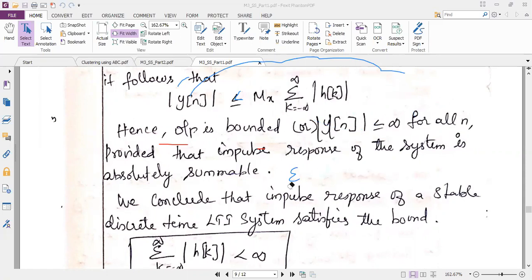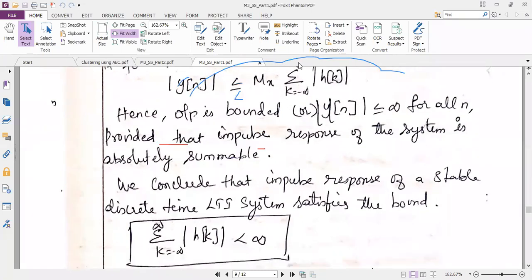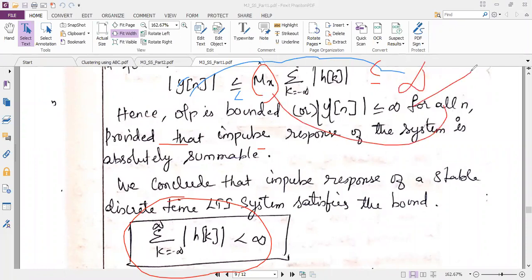If you see the final equation on the screen, it has summation k equal to minus infinity to plus infinity, magnitude of h of k less than infinity. So you don't ask me where this mx has gone, I have just explained. As per the condition, this mx should be moved towards the right hand side, and infinity by anything is infinity.